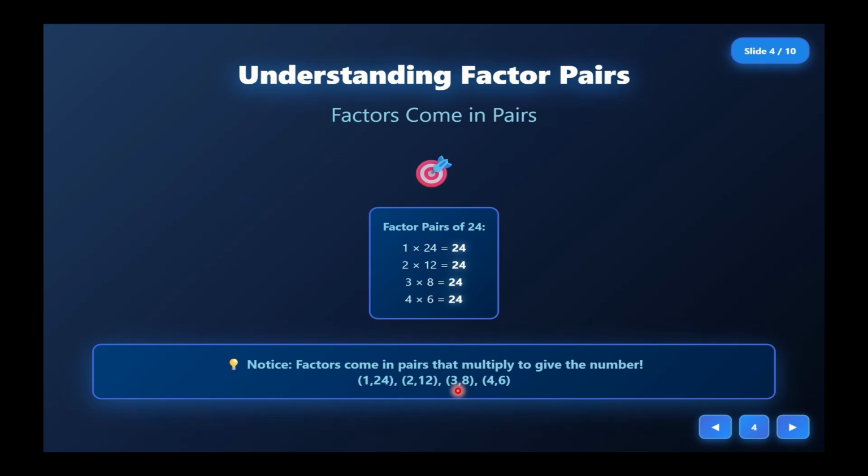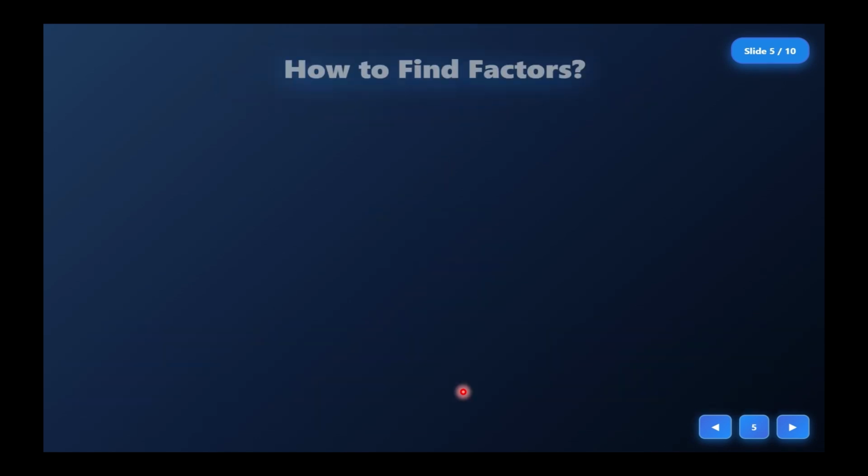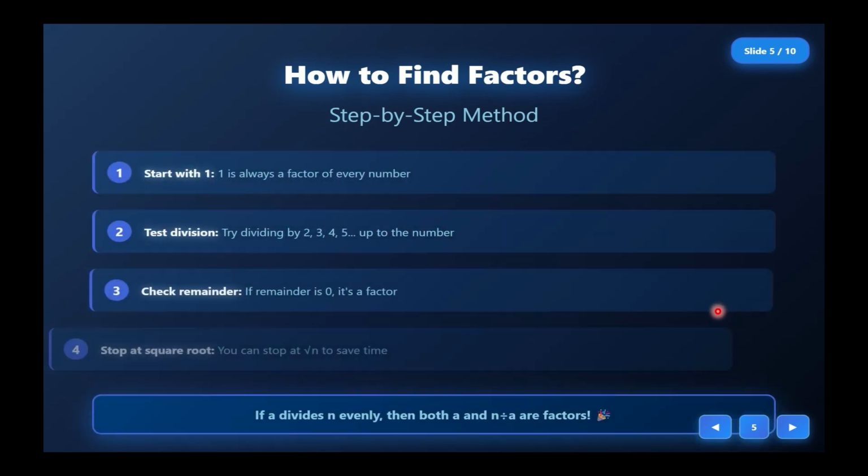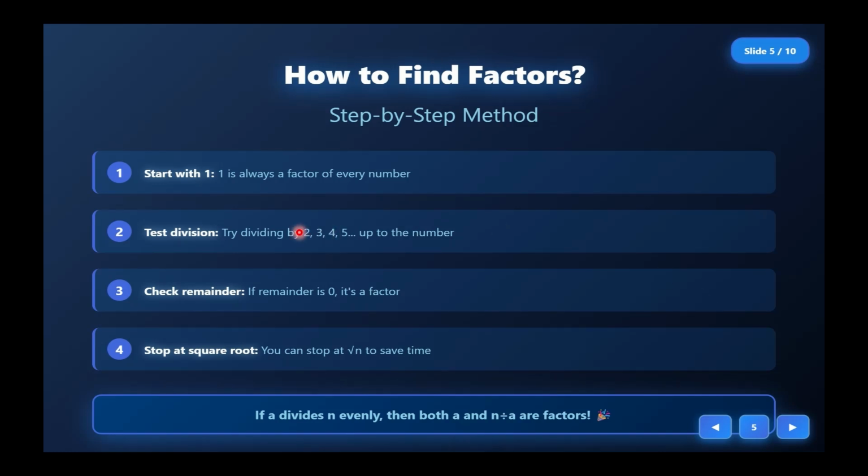How to find factors? Now let me give you my foolproof 4-step method for finding all factors of any number. Always start with 1. Remember, 1 is a factor of every number. Test division starting from 2, then 3, then 4 and so on.